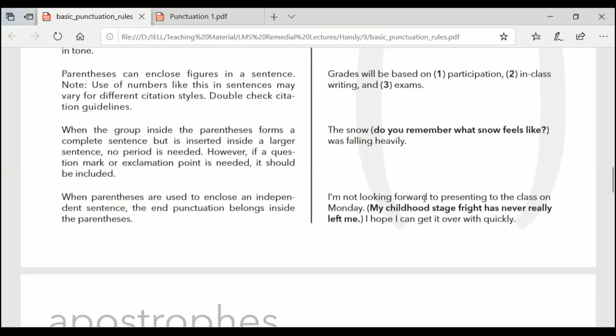One complete sentence, then a second sentence and then a third sentence. So these are three independent sentences. If we have a different independent sentence which we are writing inside the parentheses, then it should have a full stop inside the parentheses, not like we put the parentheses and then a full stop. Rather, we use a full stop, then a parenthesis.